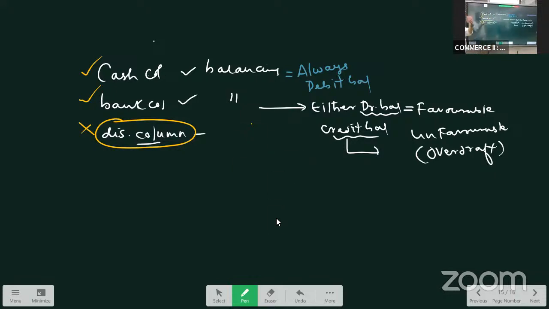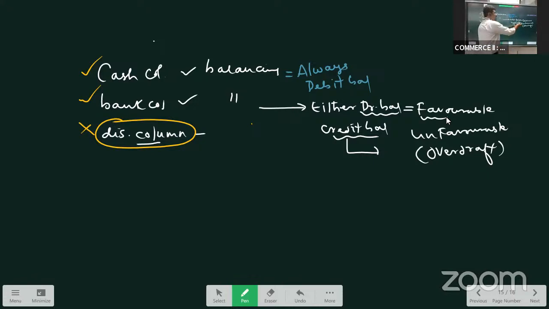I repeat, cash column will always show debit balance only. Bank column can show either a debit balance or a credit balance. If it is debit balance, it means that the business is having balance with bank. It's a positive thing, a good thing.